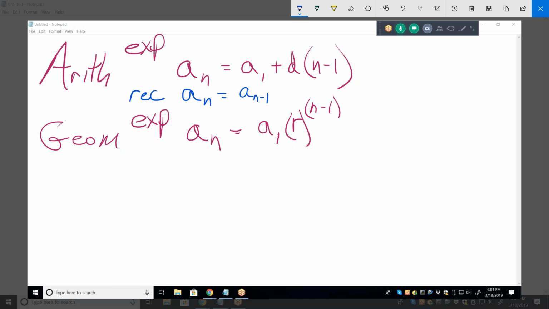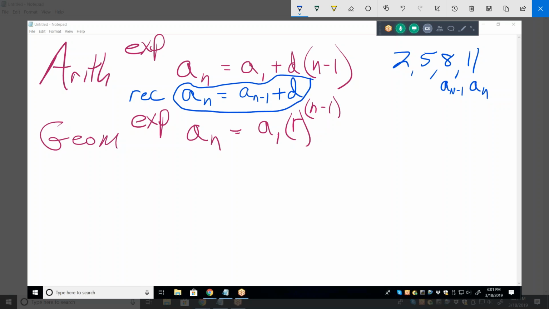Let's look at this sequence over here. If this is the nth term, and this is the nth minus 1 term, what's the difference between them? 3. So it's plus the common difference. In other words, that is the recursive definition for an arithmetic sequence.